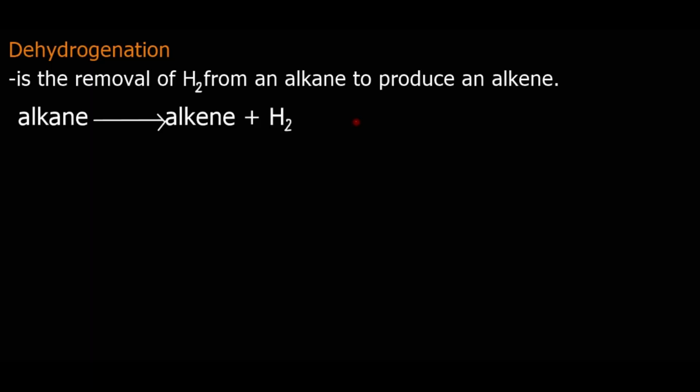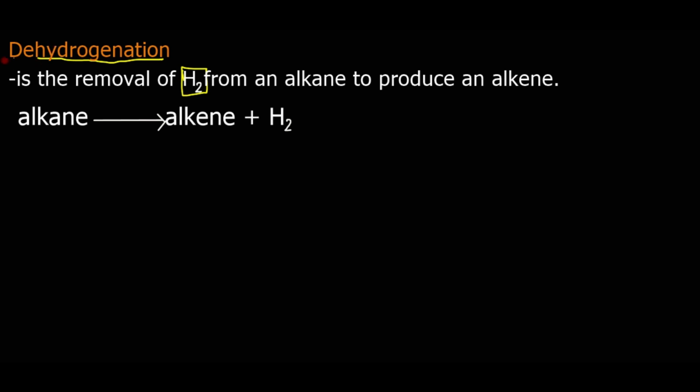Dehydrogenation is a type of elimination reaction, and elimination reaction is the opposite of the addition reaction. If addition is to add, this means elimination is to remove. We have hydrogenation as an addition reaction, so hydrogenation is to add the hydrogens.